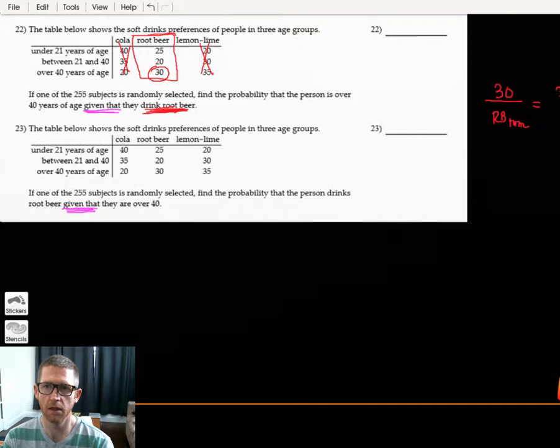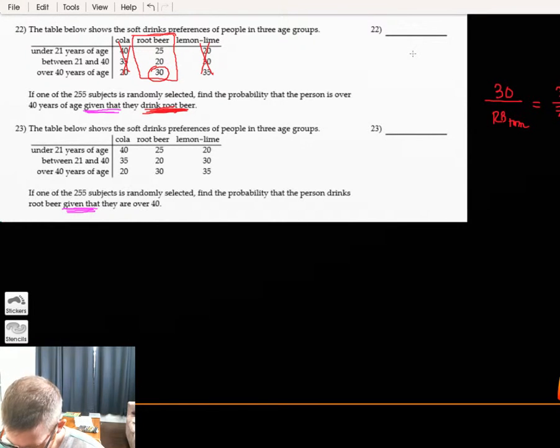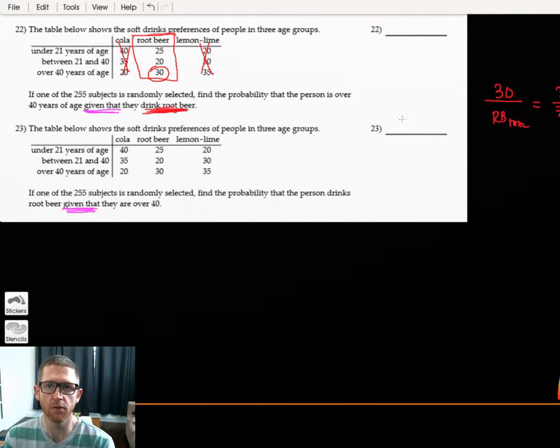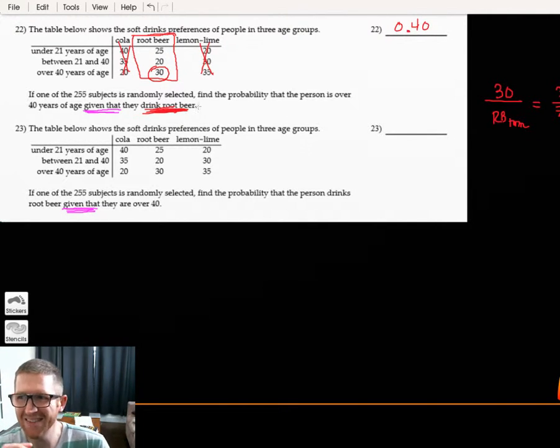So 30 over 75, or the decimal equivalent of 30 divided by 75, which is 0.4, or 40%. So the given that statement gives you a new subgroup that you're focusing on, and you don't have to consider everything else.